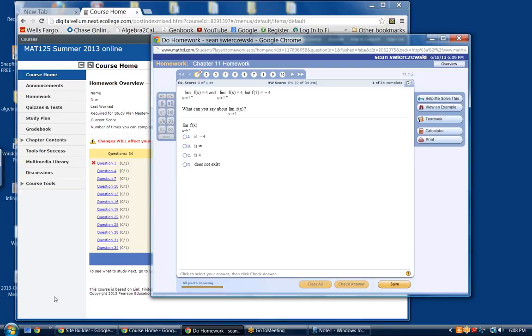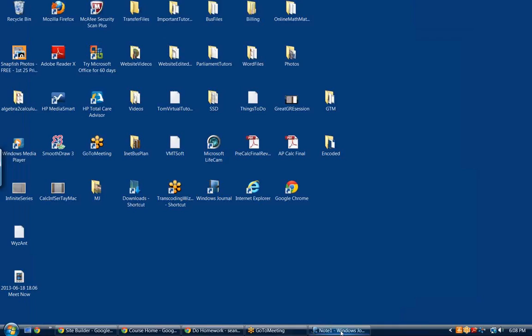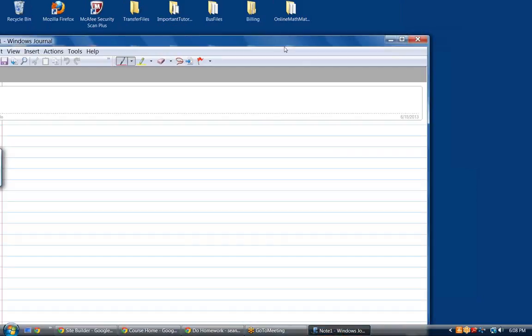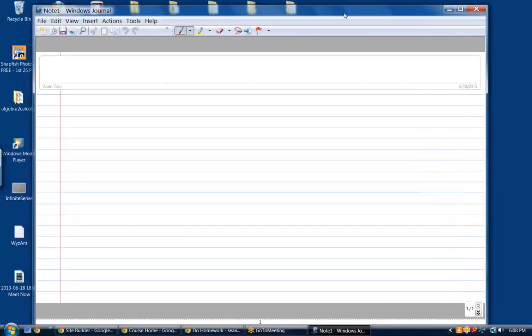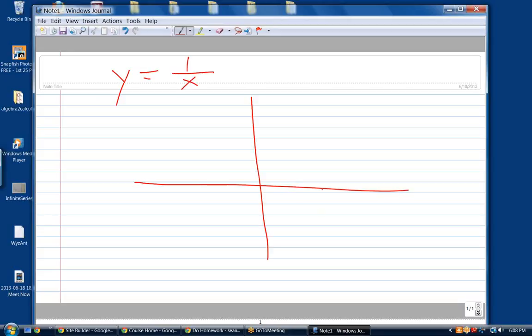Okay, let me draw something here that'll help. Let's plot this function. I'm missing the top of the function there.